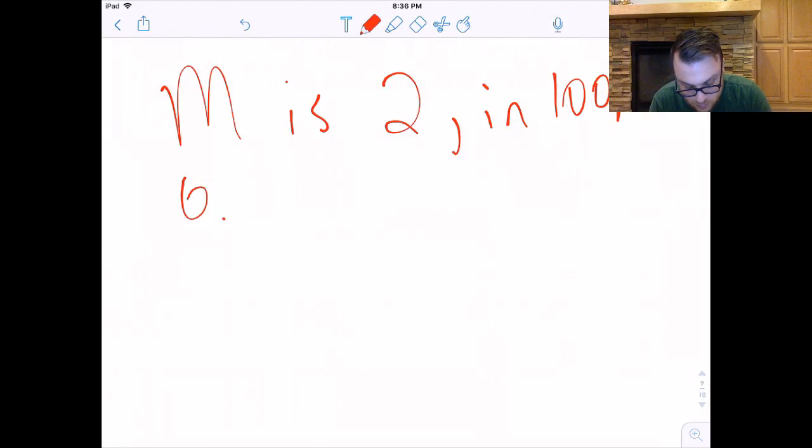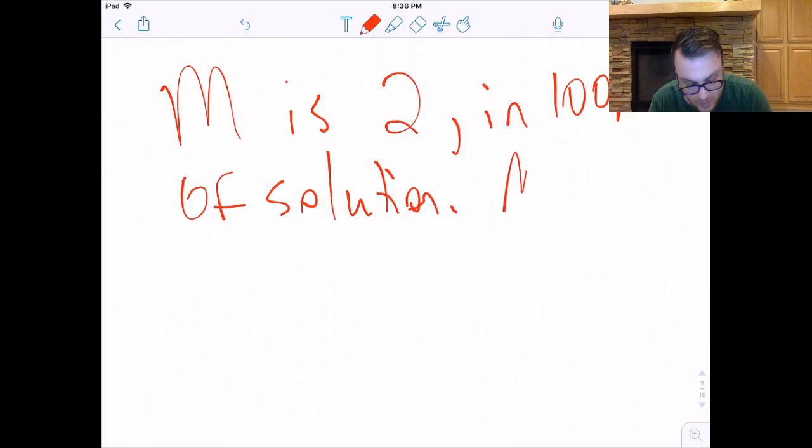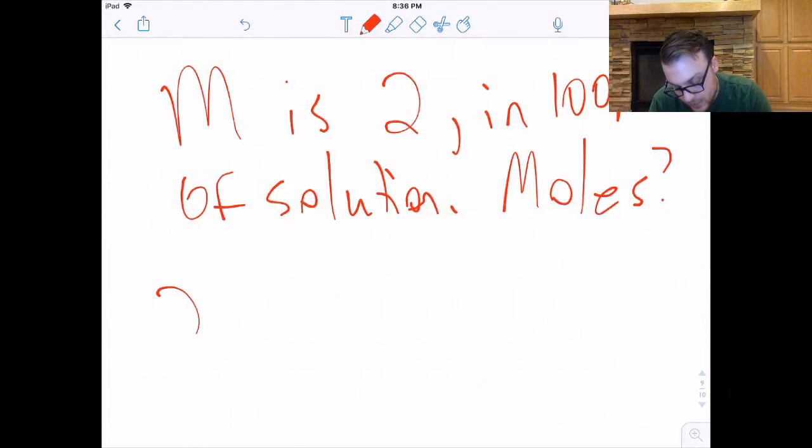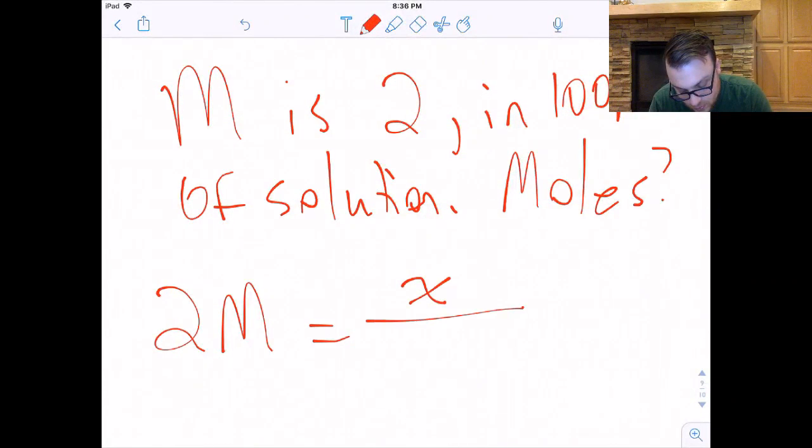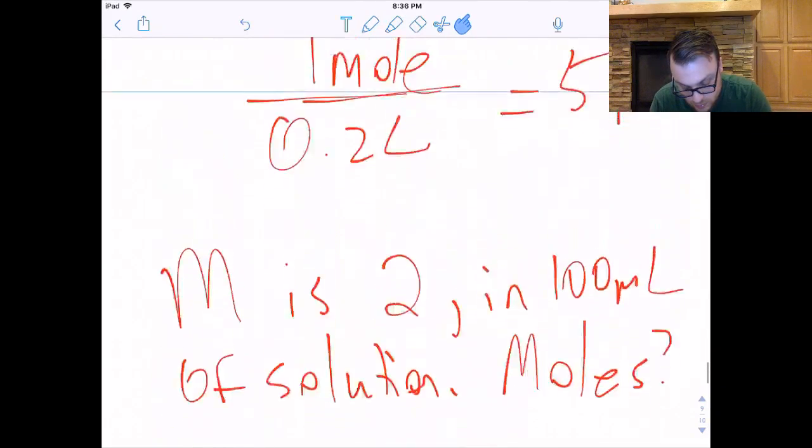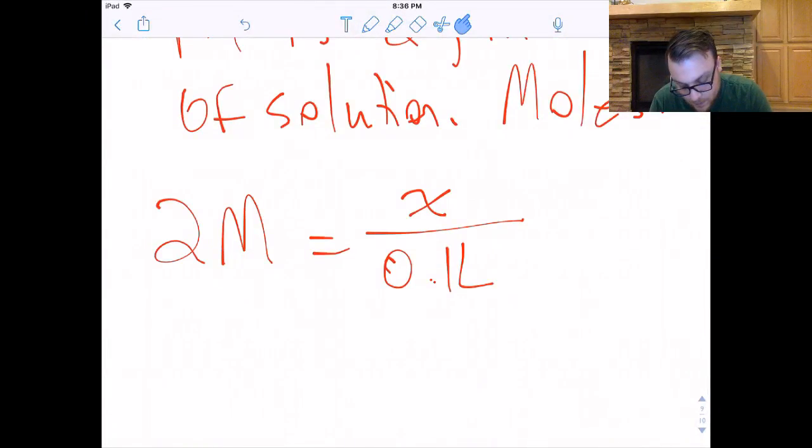The moles you do not know. And if I divide that 100 by 1,000, I get 0.1 liters. Well, if you do 2 times 0.1, you should get 0.2 moles. And that's concentration. That's molarity.